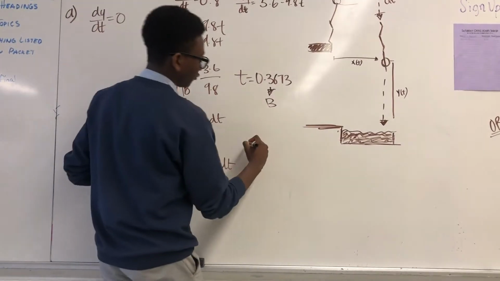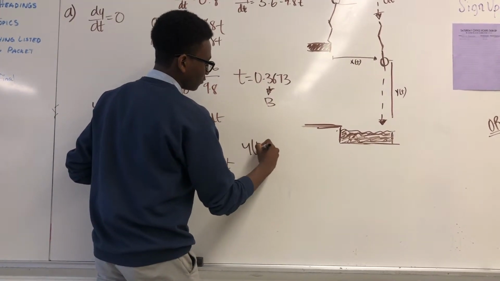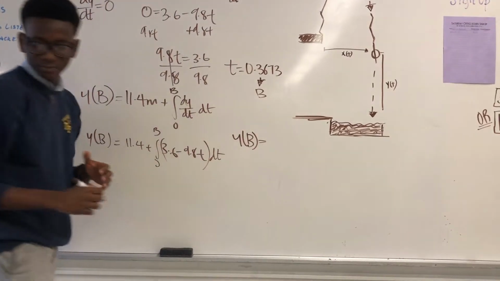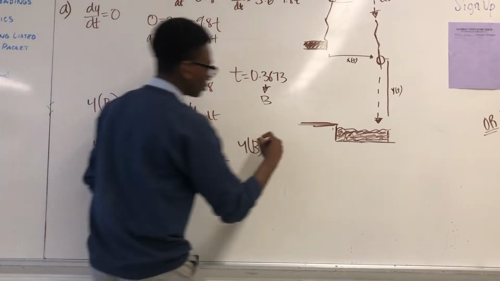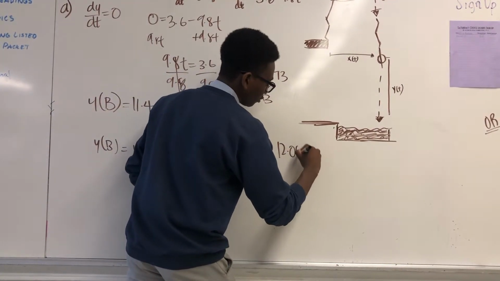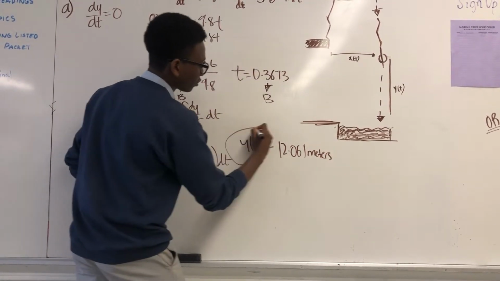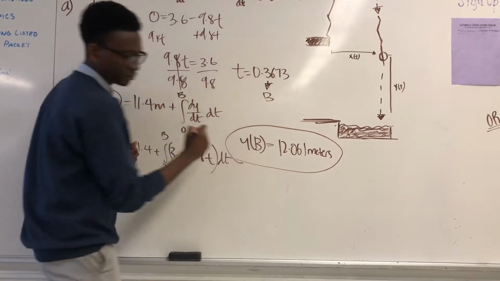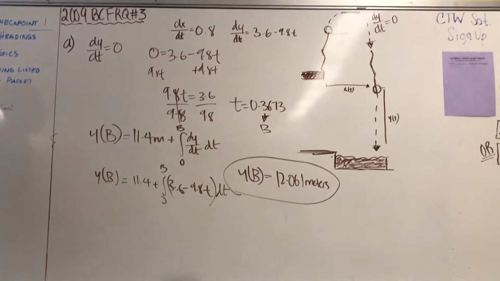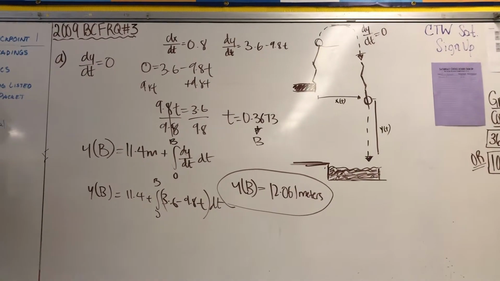Then you add the value of that integral to 11.4, which should give you 12.061 meters. That is the maximum vertical distance from the water surface to the diver's shoulders.